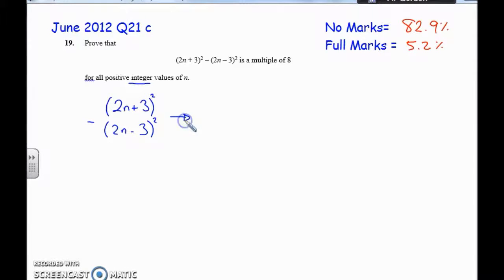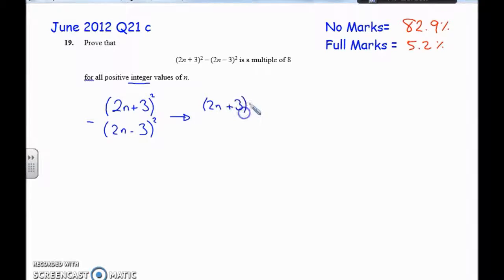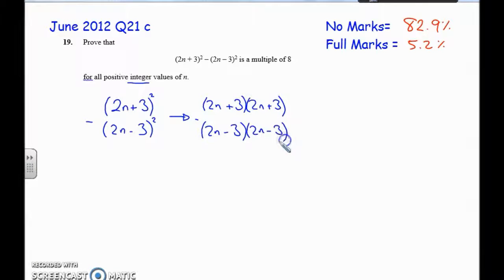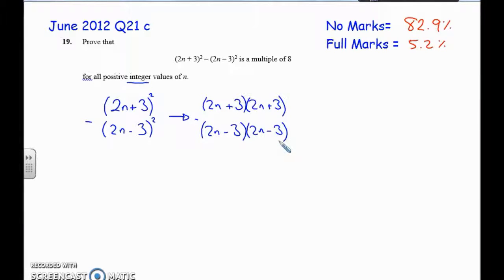When we have a bracket squared, it means we need two lots of the same bracket timesing each other. So when you square something, it obviously means times it by itself. So it's nice to set this out, because some people do make the mistake of thinking you just square the 2n and just square the 3 and you'd end up with 4n squared plus 9, which is obviously not the case. So if we FOIL these out, I'm going to use FOIL.